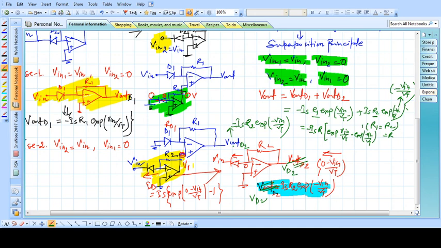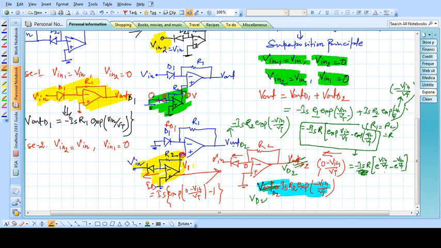Okay, I will write here minus IS R again, sorry, minus IS R times e to the power V in by Vt minus e to the power minus V in by Vt.